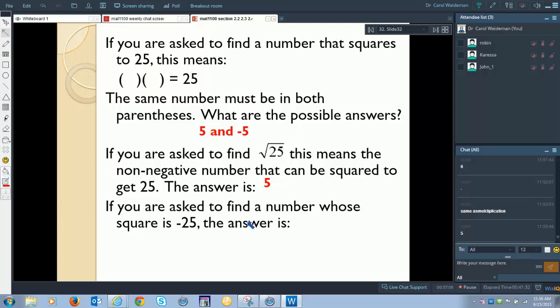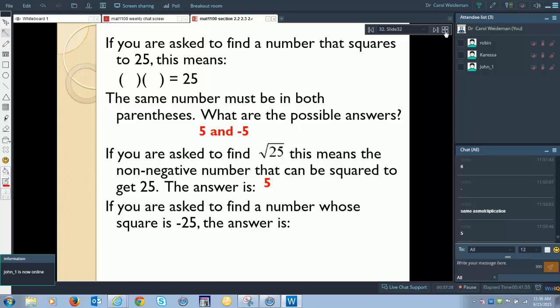How about if you were asked to find a number whose square is negative 25? Can you do that? Is there a number times itself that gives me negative 25 rather than 25? Anybody want to try that?